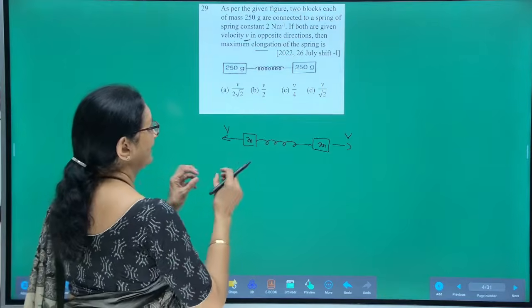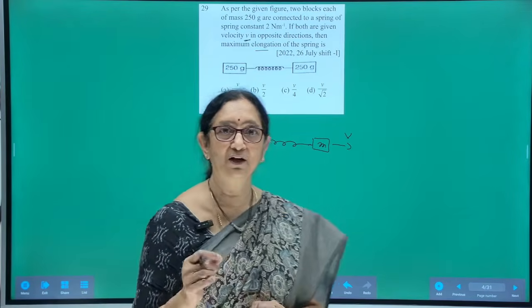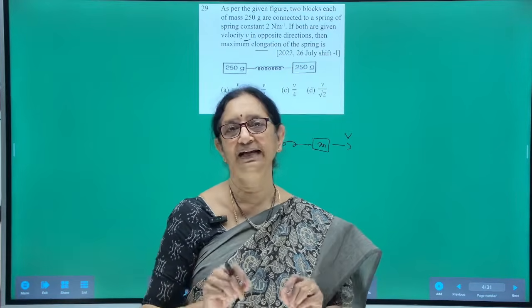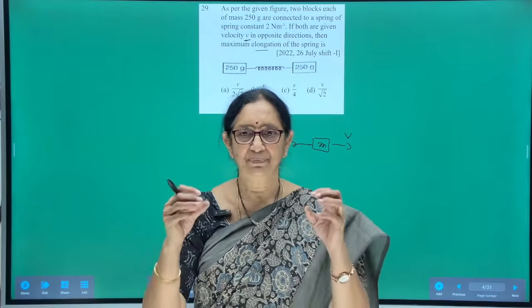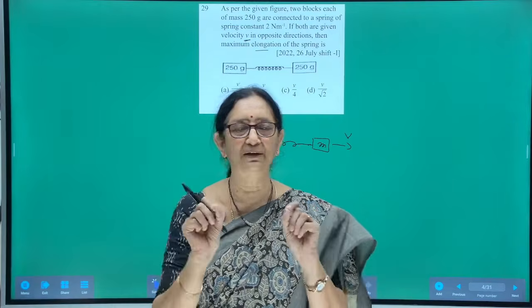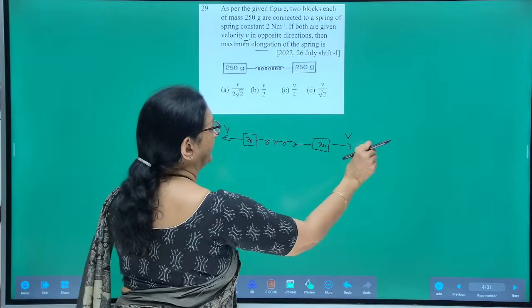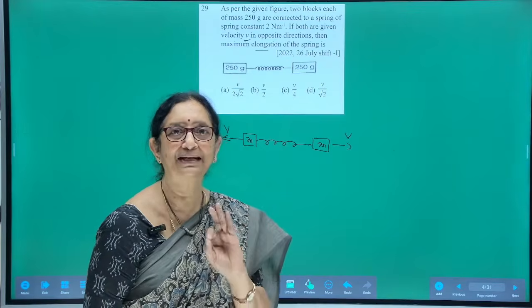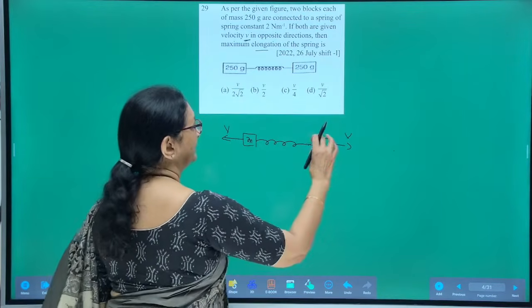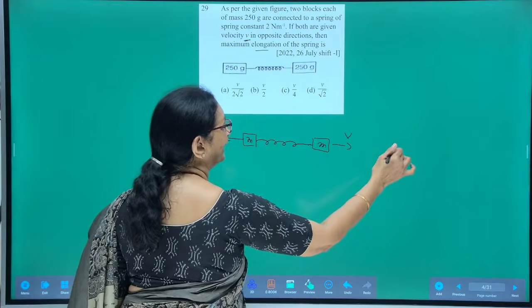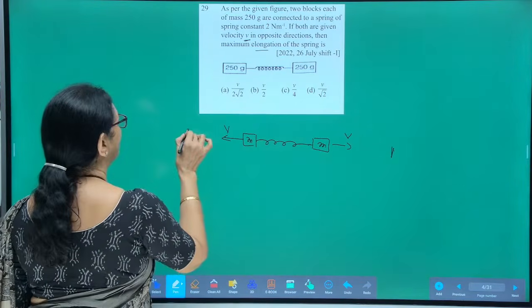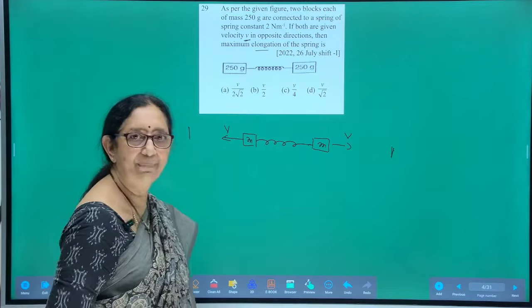Then what is the maximum possible elongation produced in the spring? So, when will the elongation be maximum? The objects are given velocities in opposite directions, so they keep on moving till the velocity becomes 0. This block keeps moving till its kinetic energy becomes 0, and the other block also moves till its kinetic energy becomes 0.